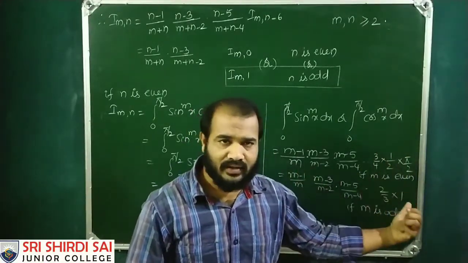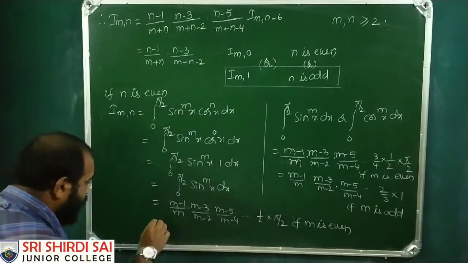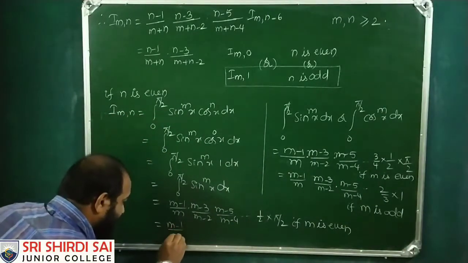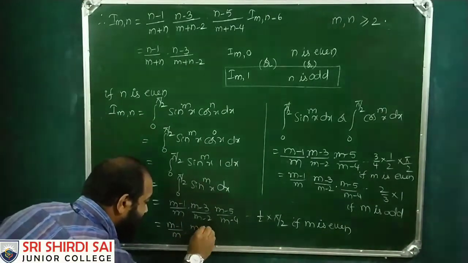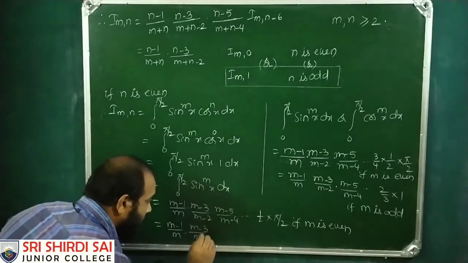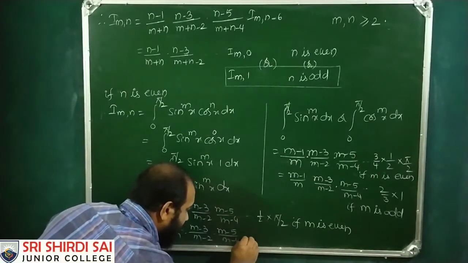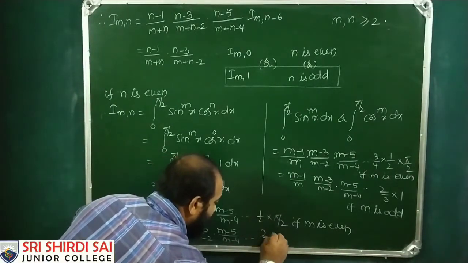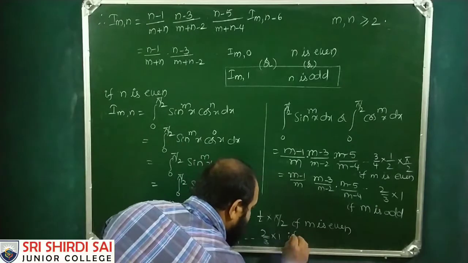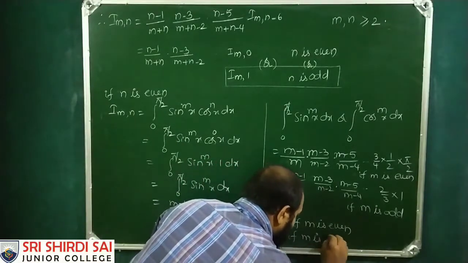It won't differ. So this is equal to m minus 1 by m into m minus 3 by m minus 2 into m minus 5 by m minus 4, etc., 2 by 3 into 1 if m is odd.